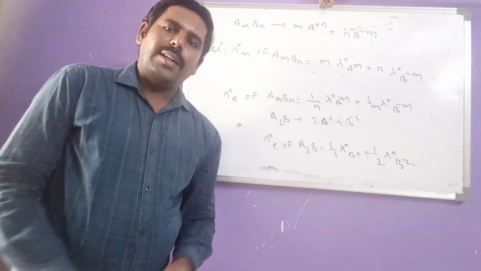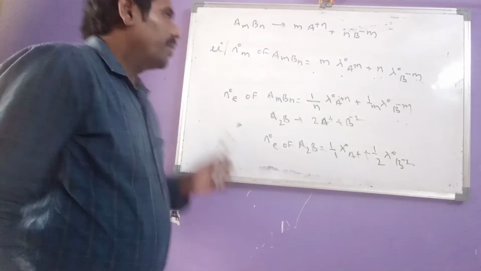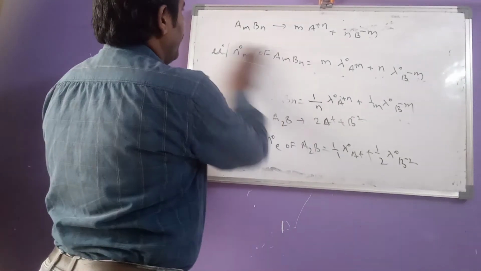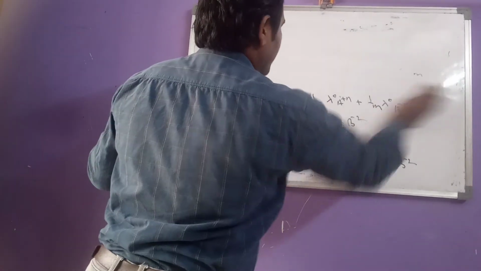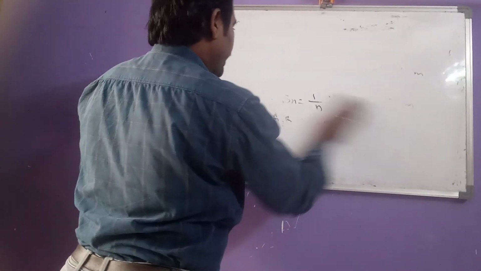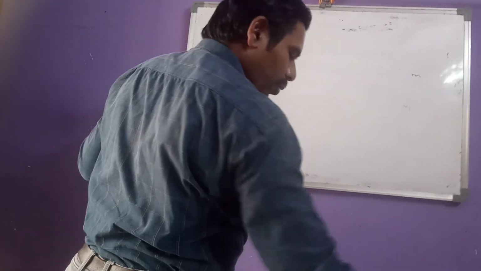So what is the need of learning these points? You will come to know. Okay, now one question I will give here. Observe the units and which conductivity they have given, we have to assume.